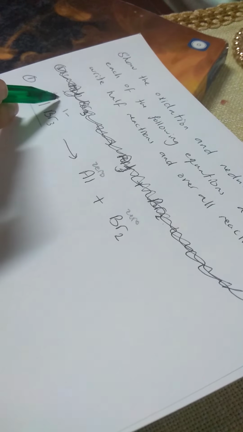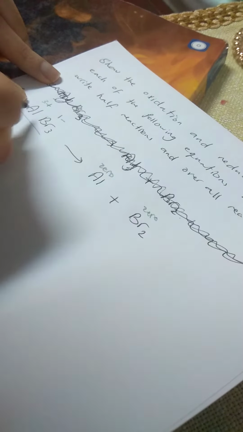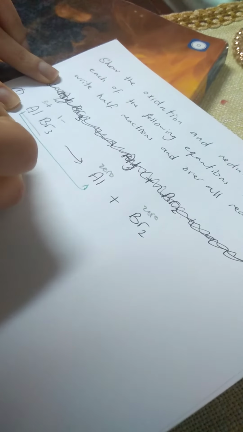Okay, now let's compare the oxidation states of each element. Al +3 to Al 0. From +3 to 0, this is reducing of the oxidation state, so this is reduction.